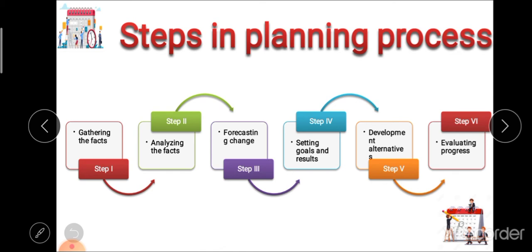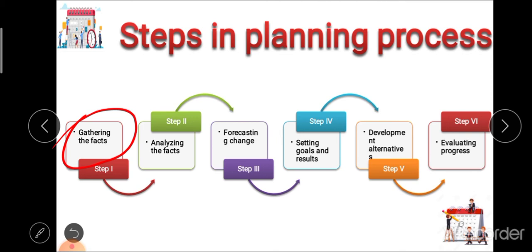The first step in the planning process is gathering of facts. In gathering of facts, you have to gather sufficient information to identify the needs of your plan. Whatever information is related to your plan, you first gather through different sources. You can use primary and secondary sources, like data directly from any farmer or organization, publications, books, reference books, research articles, magazines.